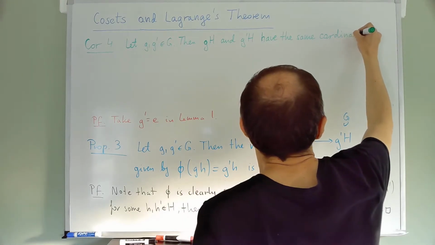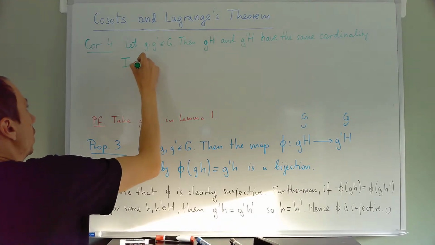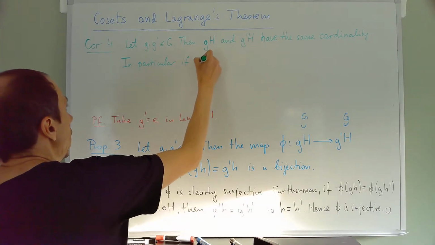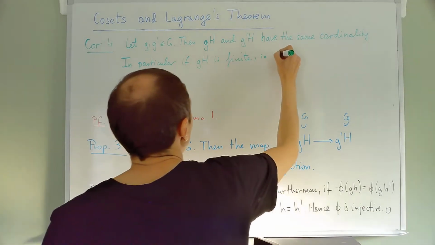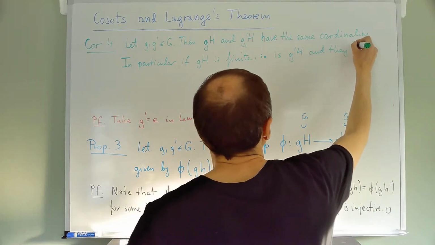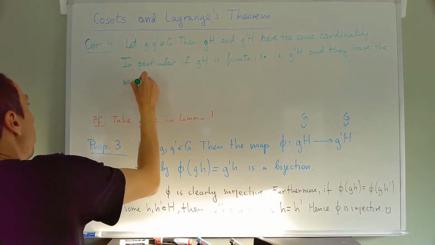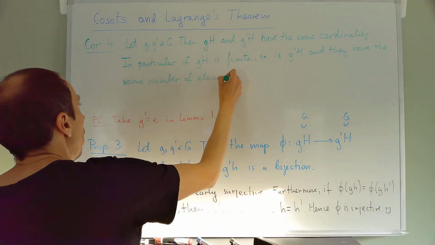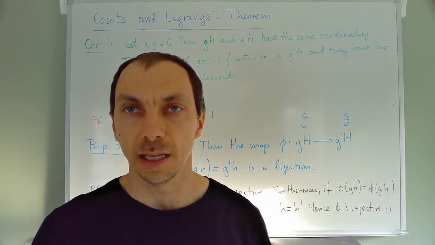Cardinality makes sense even for infinite sets, but we're not going to worry about this. So in particular, when they're finite, if gH is finite, so is g'H, and they have the same number of elements. Because a bijection is possible only between two sets that have the same number of elements.